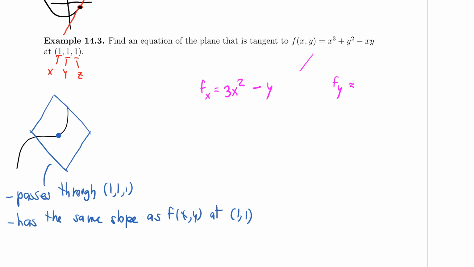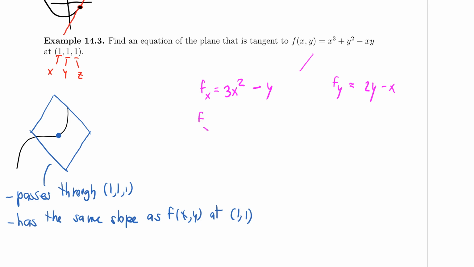And the partial derivative of f with respect to y: x cubed is gone, y squared becomes 2y, and negative xy becomes negative x. Now then, I need to find these values at the point 1, 1. So all I have to do is plug 1 in for x and 1 in for y.